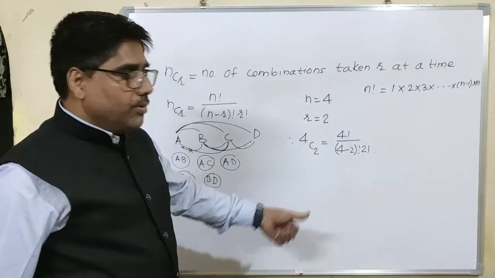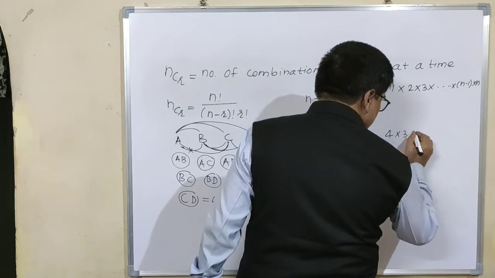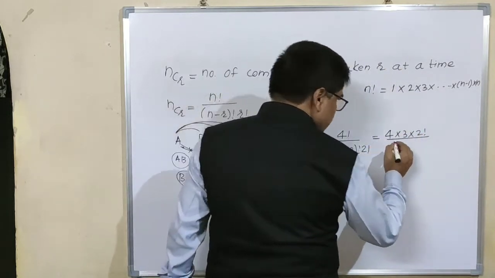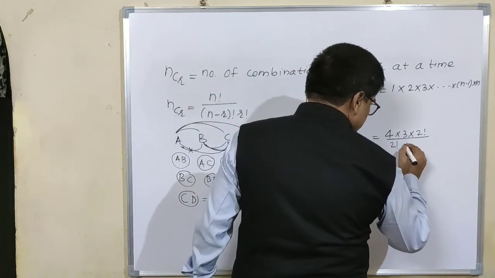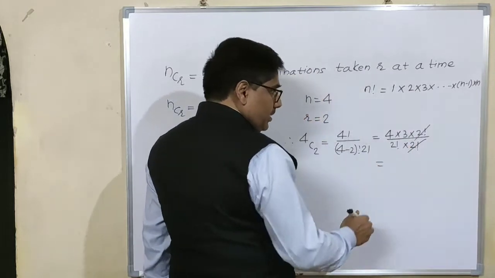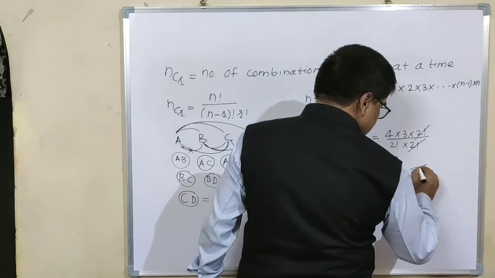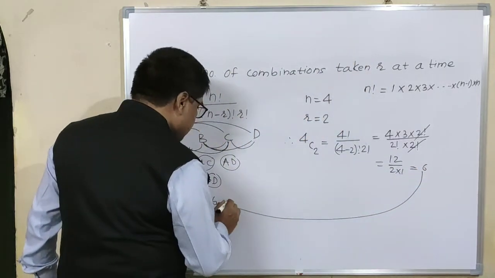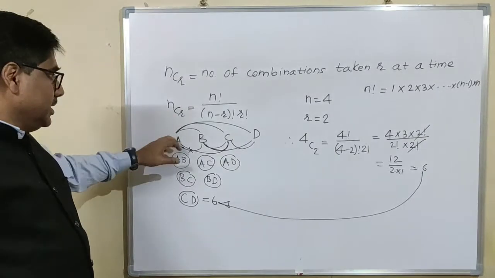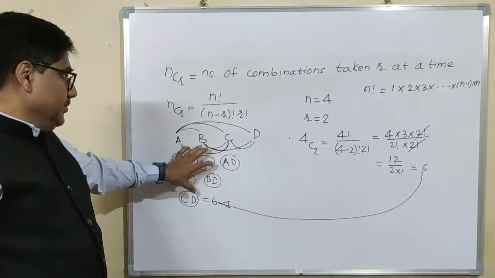Therefore, factorial 4 can be written as 4 into 3 into 2 factorial upon (4 minus 2) is 2 factorial into 2 factorial. 4 3 is 12 upon 2 into 1, that is 6. We are getting the same answer, but when this number is very high, this manual calculation becomes very difficult.